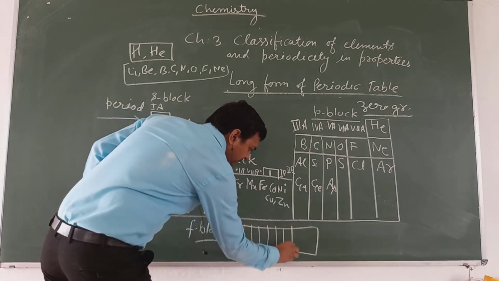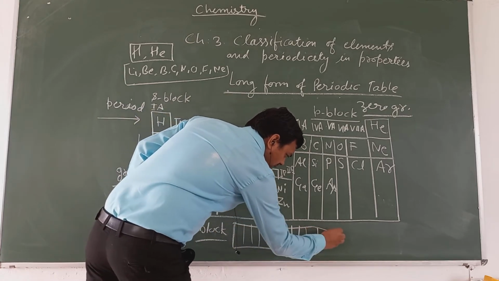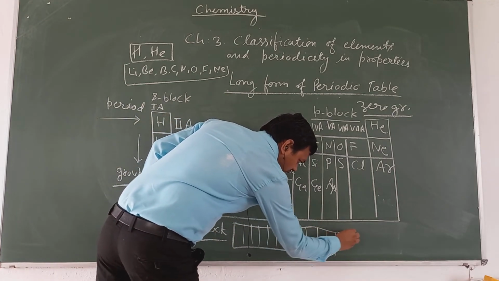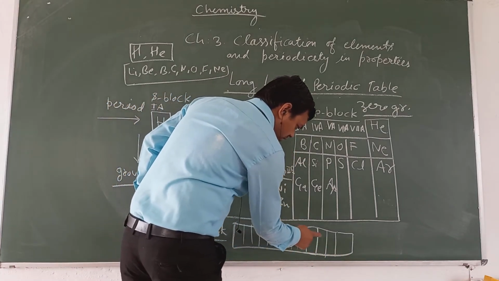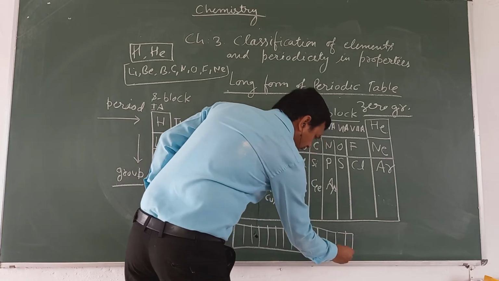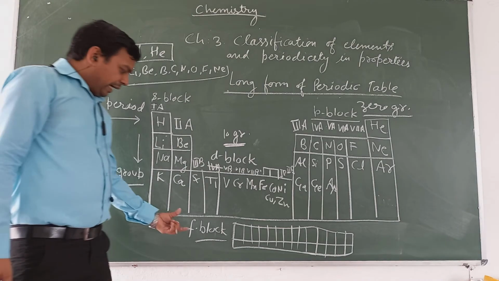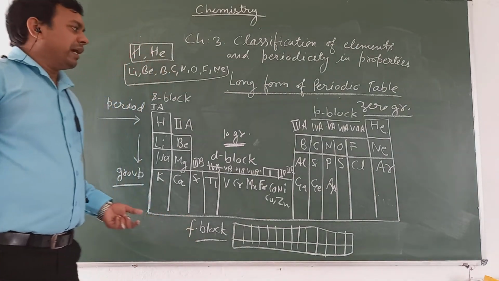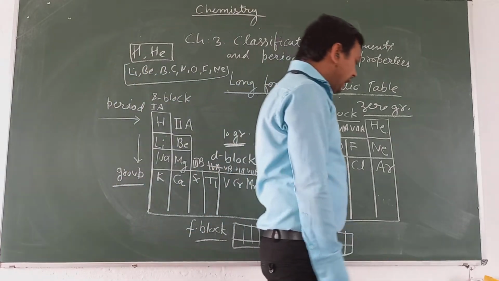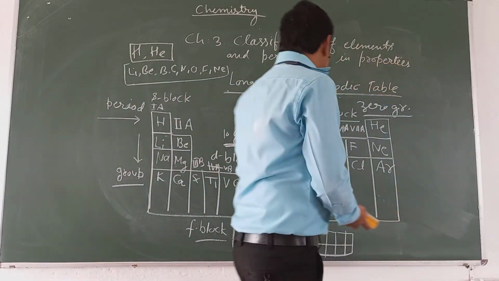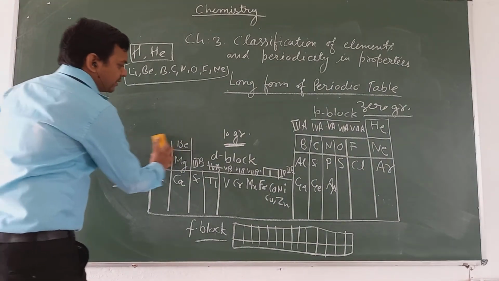The f block is also divided into two parts, the lanthanide series and the actinide series.